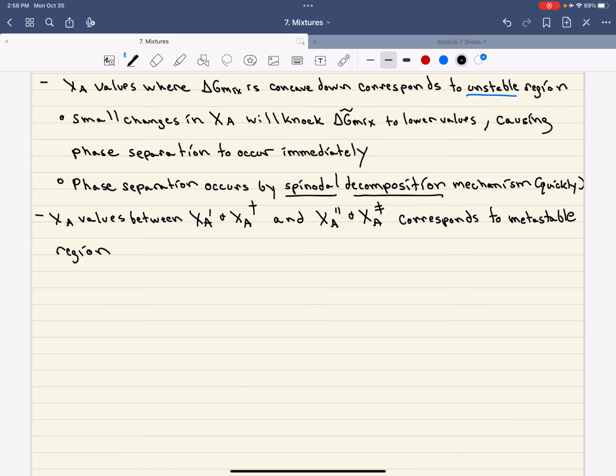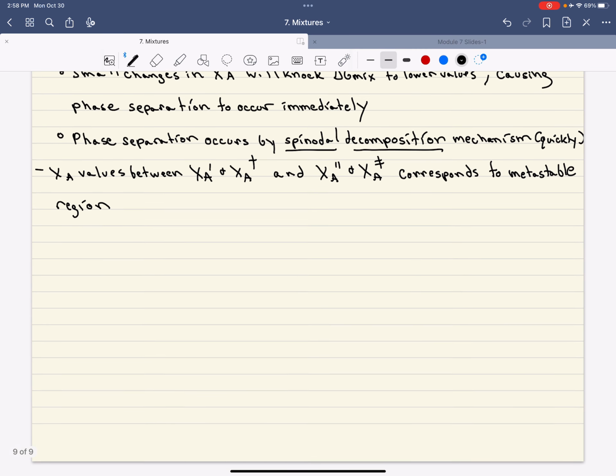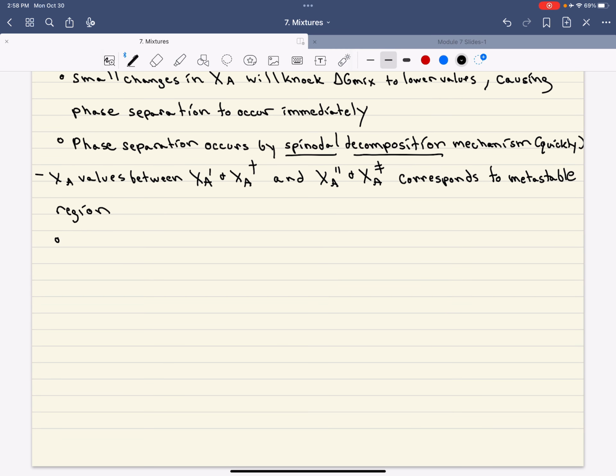Okay. Here, you're not stable, but you're not unstable. What that means is that only large composition fluctuations in the mole fraction, or large changes, knock your delta G of mixing to lower values.